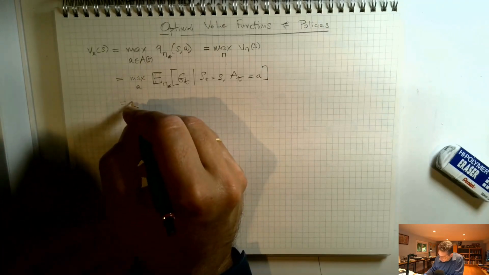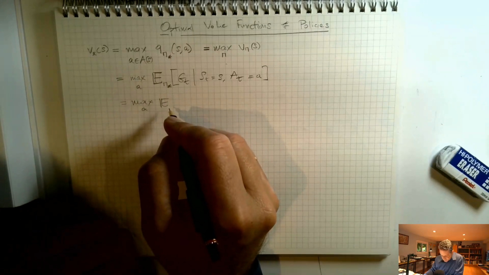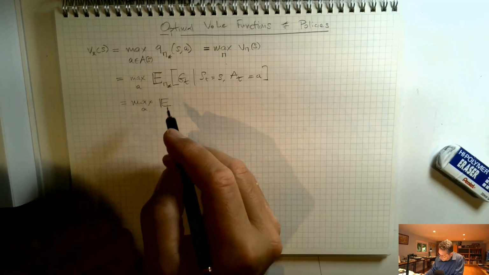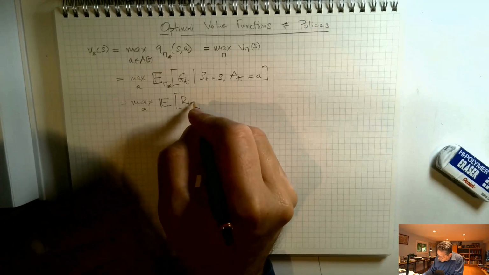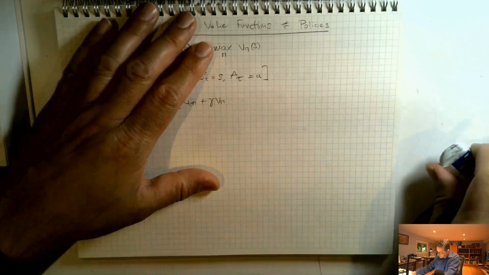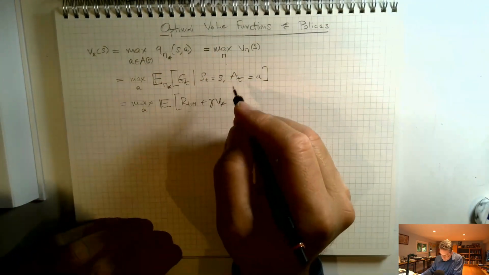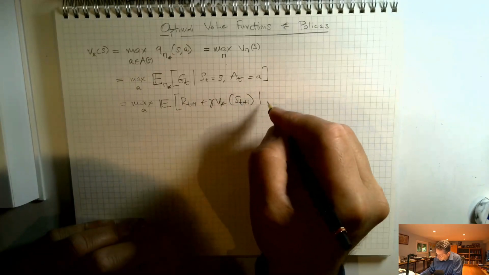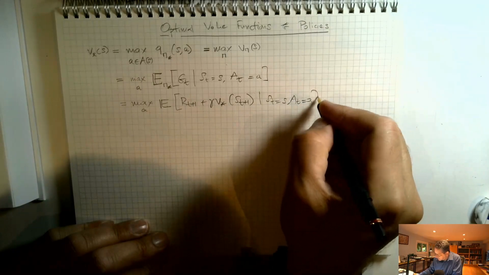We can continue here. What that expectation is can now be written; the derivation is not going to be given here. It is the expectation of R plus gamma V star of S at t plus 1, given S t equals s and A t equals a.